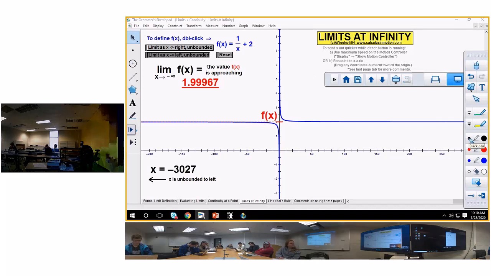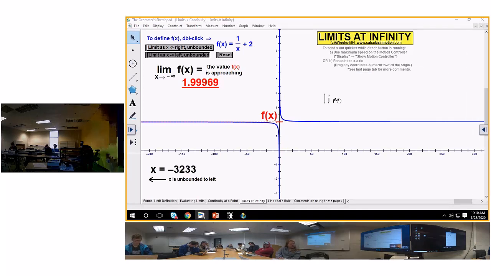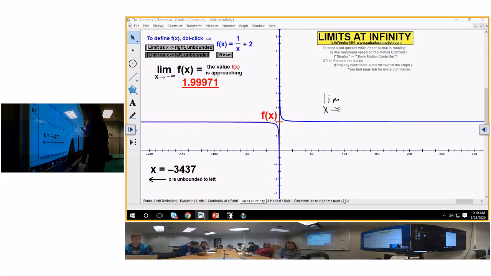So, limit as x approaches 0 from the left and right, the limit does not exist. Why? Because the limit is the vertical what? Asymptote. You never touch that axis.